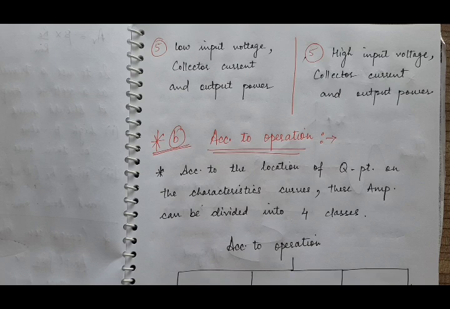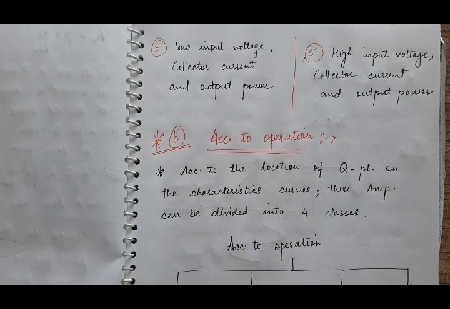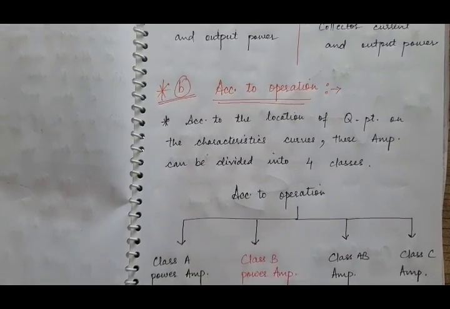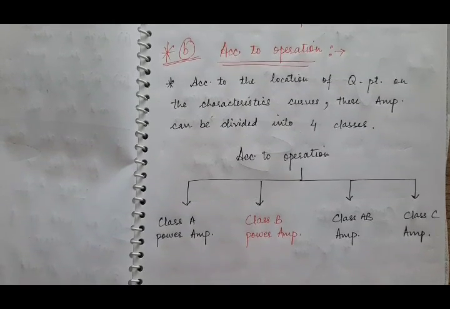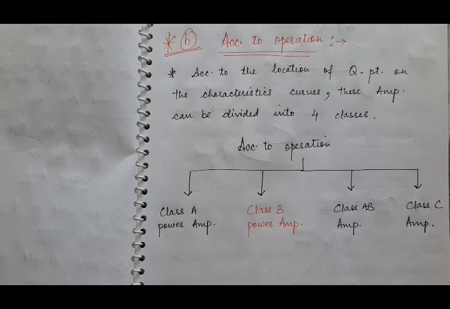classification of transistor amplifier, that is according to their operation. According to the operation means according to the selection of the Q point on the load line, that is, what is the location of the Q point? Depending upon that, these transistor amplifiers can be divided into 4 categories according to their operation, or you can say according to the location of Q point on the load line.